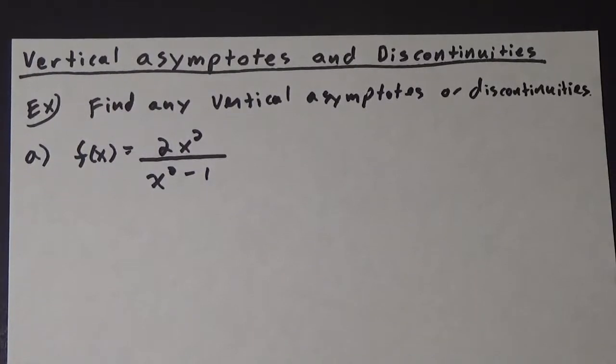Now, in order to find any of these discontinuities or asymptotes, the first thing we need to do is find the zeros and the poles.